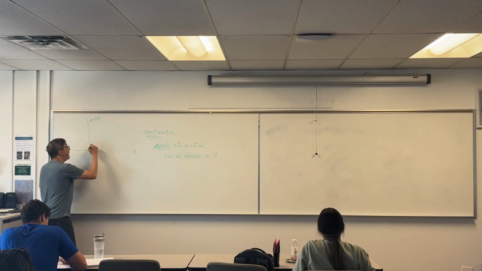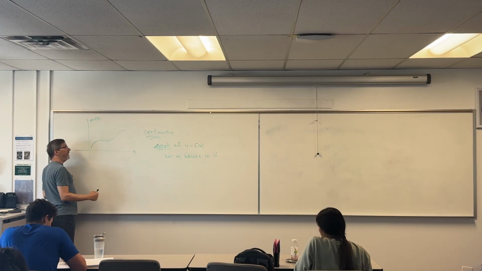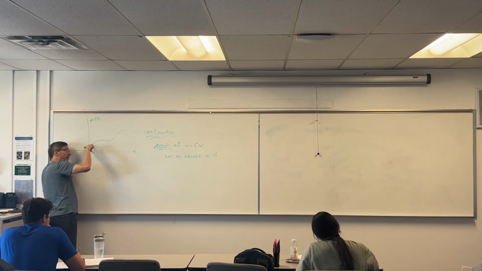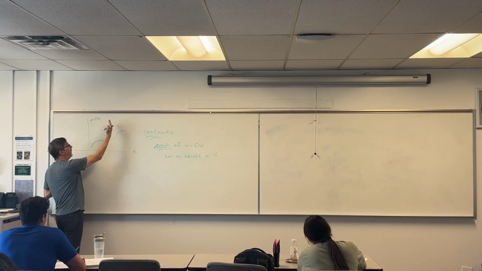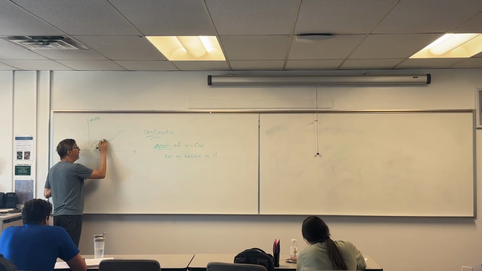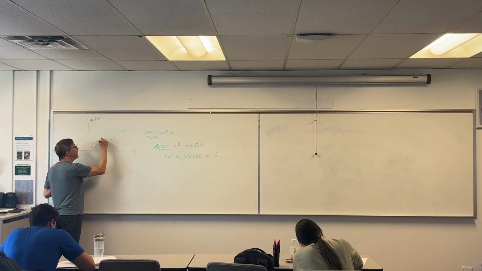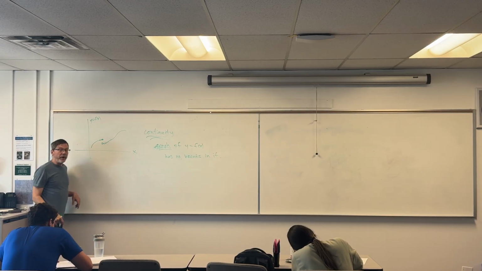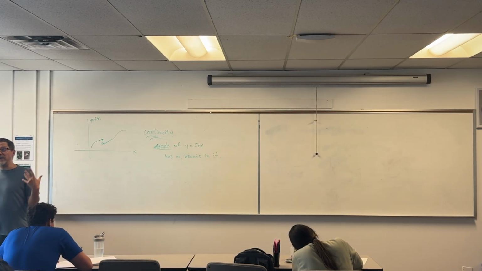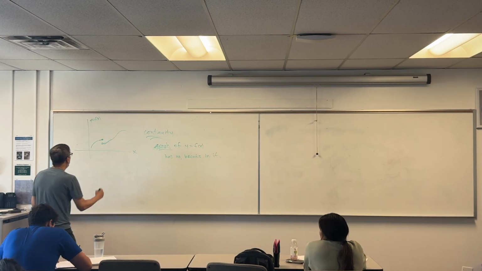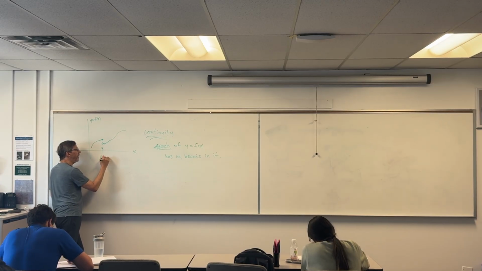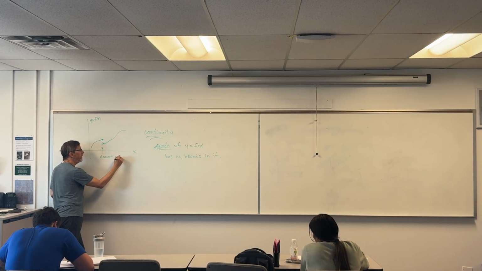This is continuous because I can ride along that curve and never encounter a hole or an asymptote, whereas this guy right here is broken. So that's not continuous. Let's get some intuitive ideas before we see the mathematical definition. This is what's called a discontinuity.